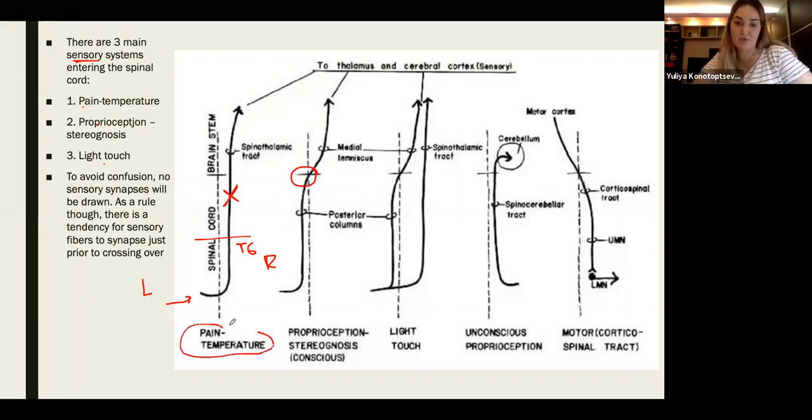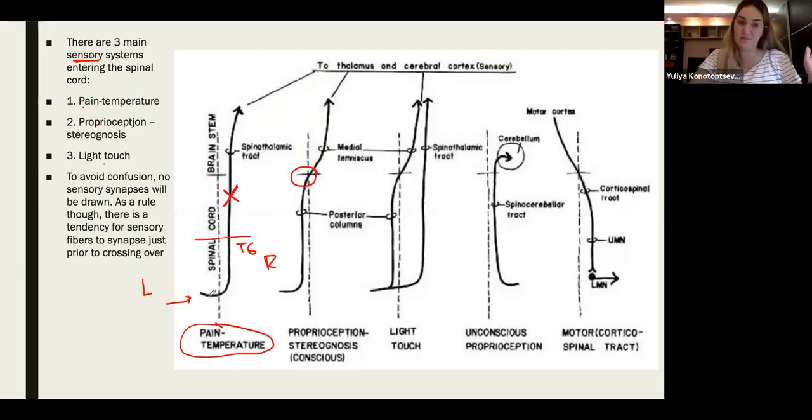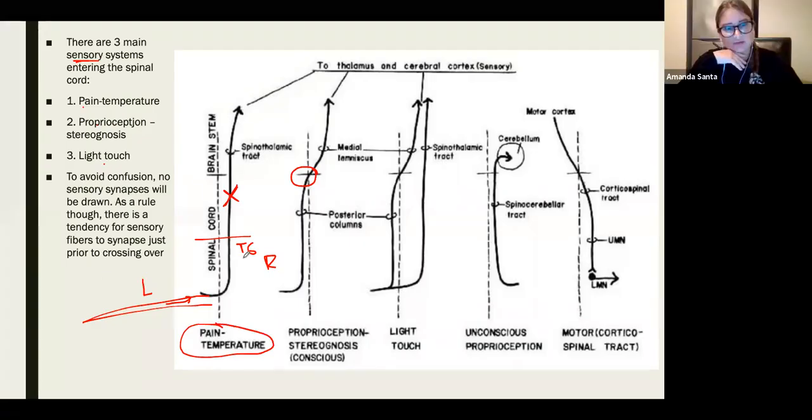Pain and temperature. But where will I not be able to sense? Left side, very good, because it carries information from the left side. Do you see? And I said above T6, so my left, below T6.